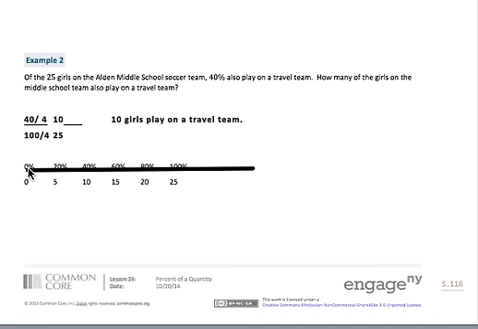The equal intervals would have us going by 5s. And then, since we're looking for 40%, at the 40% mark, we can see that there are 10 girls who play on a travel team.